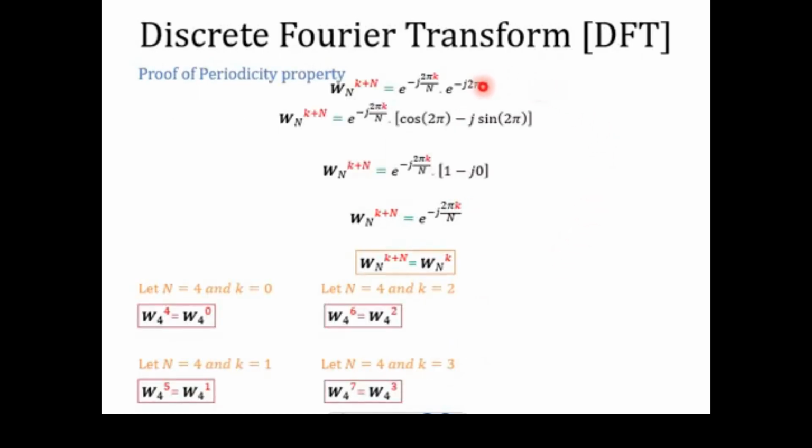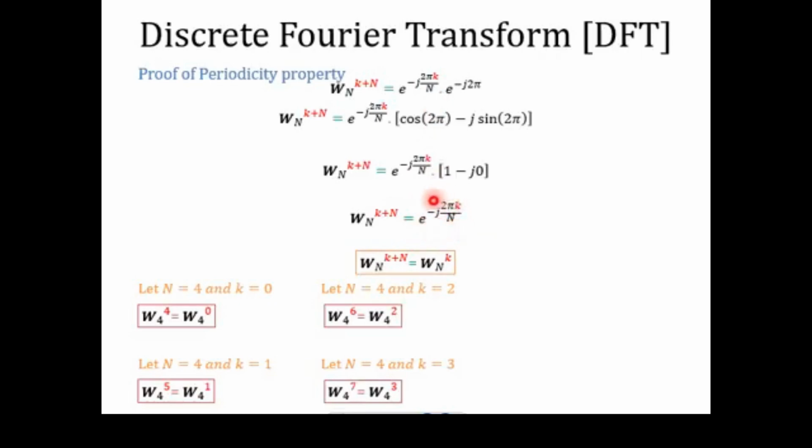Now exponential minus j 2 pi will be equal to cos 2 pi minus j sin 2 pi, and we already know cos 2 pi is equal to 1 and sin 2 pi is equal to 0. So this factor is simply equal to 1, which will be multiplied with exponential minus j 2 pi k over N. Now if we write this complex exponential in the form of Wn notation, how can we write it?